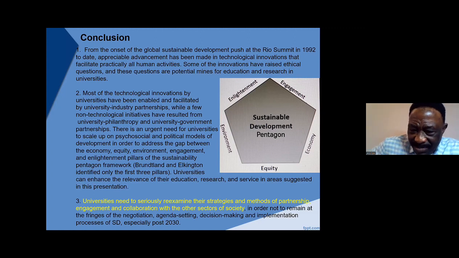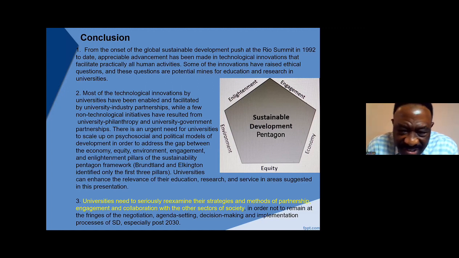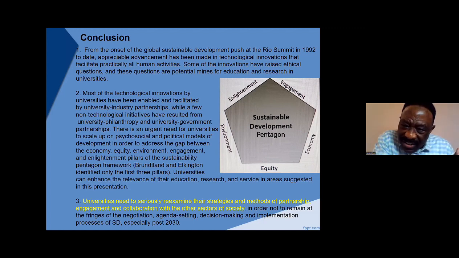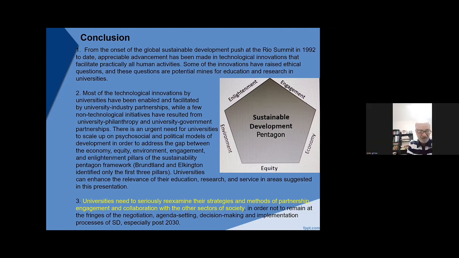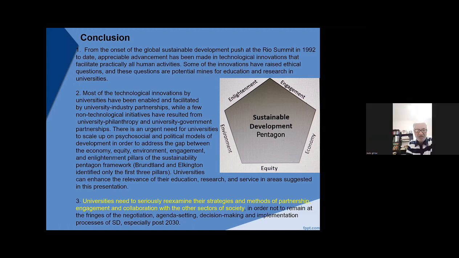Vision, enlightenment. So we came up with the so-called sustainability pentagon, which I have presented at different forums, as an option for the triple bottom line. So the 3 E's of Brundtland and Elkington, we argue for a sustainability pentagon, which simply adds enlightenment and engagement to the other 3 E's.